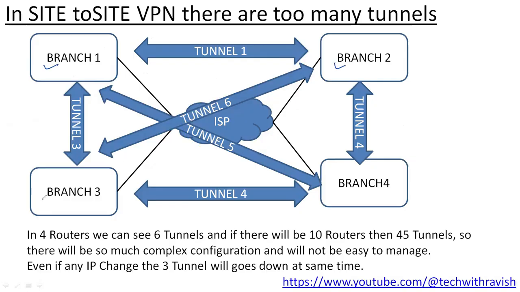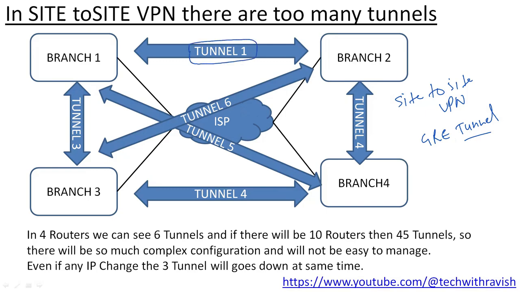1, 2, 3, 4. If we are going to do the configuration of site-to-site VPN, even for the GRE tunnel, what will be the issue? The major issue is that we have to connect every single office with the other offices and create a tunnel between them.